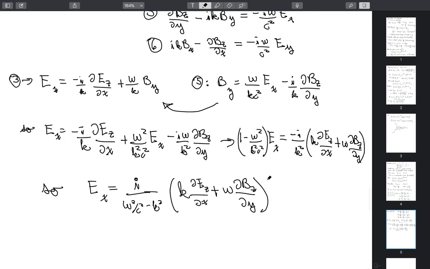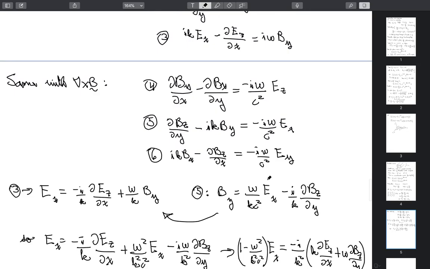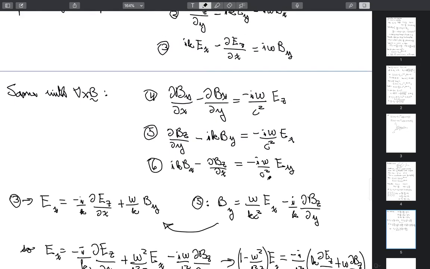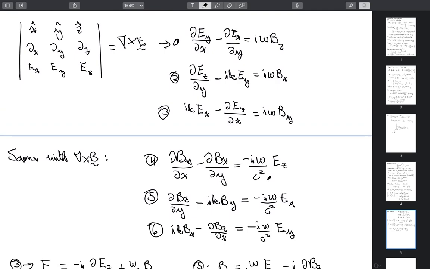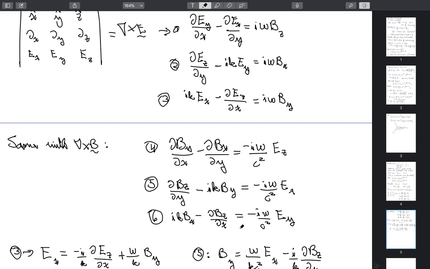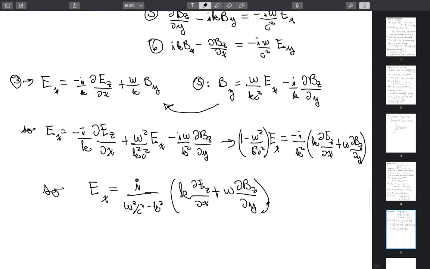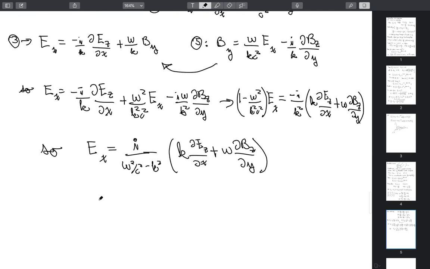Now, that's one of the sets. What we can do now is play the same game, but for Ey. If I do the same game for Ey, instead of using equations 3 and 5, I'm just going to use equations 2 and 6. What I do is substitute x for y, and if you look at the signs, it's as if I was substituting omega for minus omega. So I can just write that down straight.